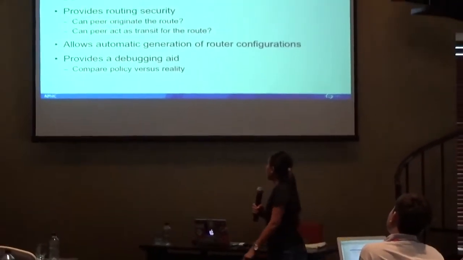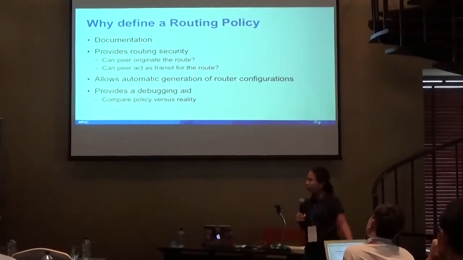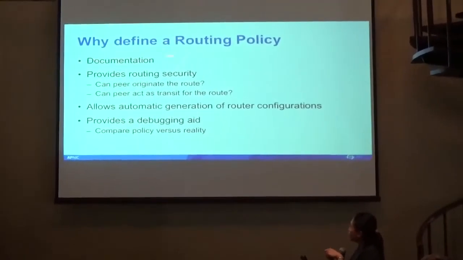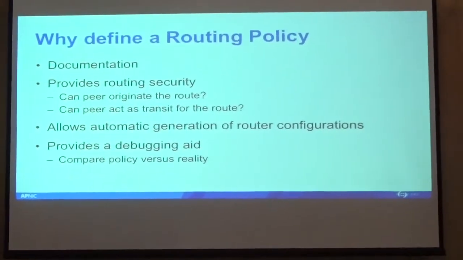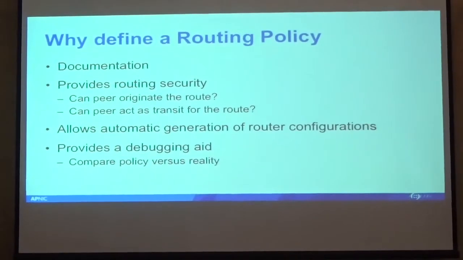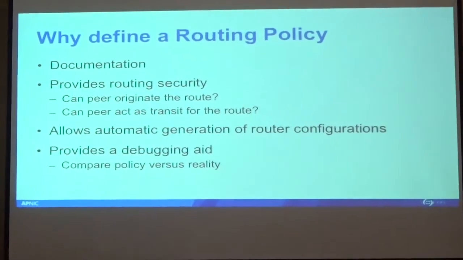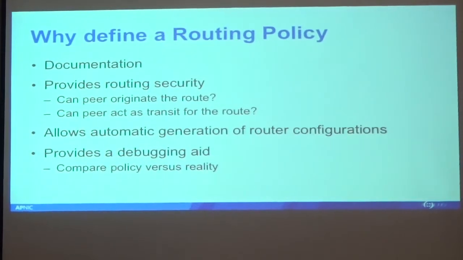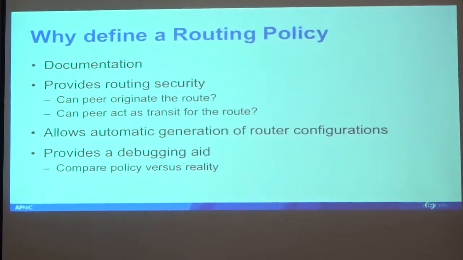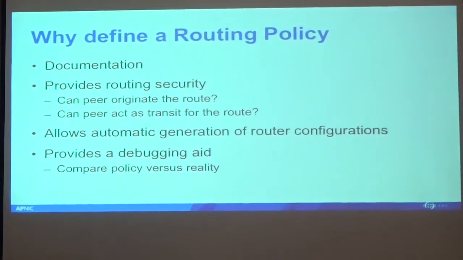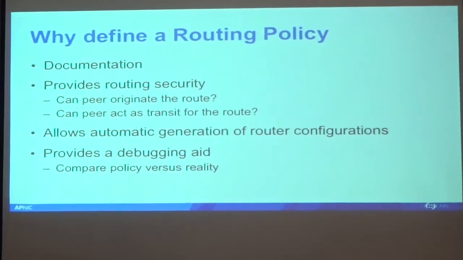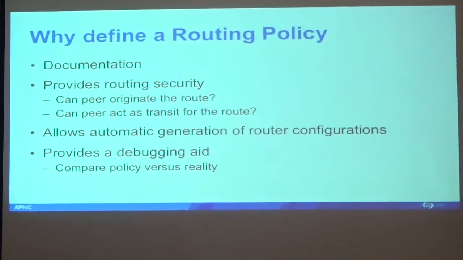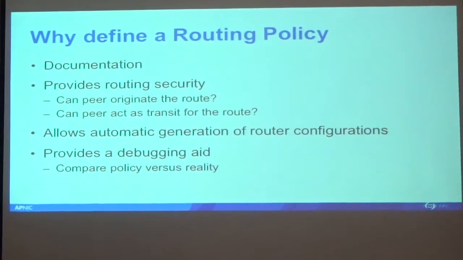Now, why define a routing policy? What do you think? One of the reasons is documentation. Again, it's a description of your network. It's a description of your policy, or I would say your routing policy restrictions or constraints. Those constraints will be added into a publicly maintained database, kind of like documentation of your own network so that others will learn about it.